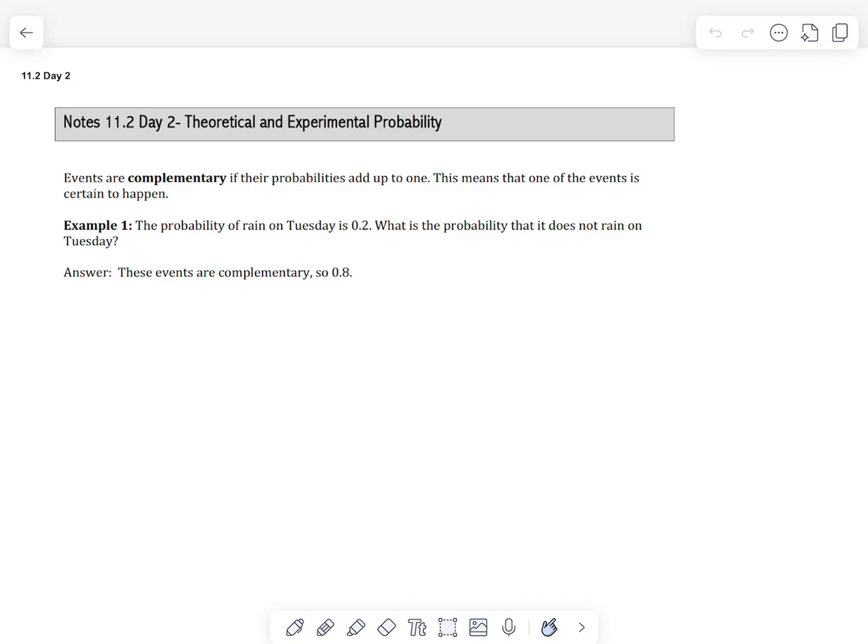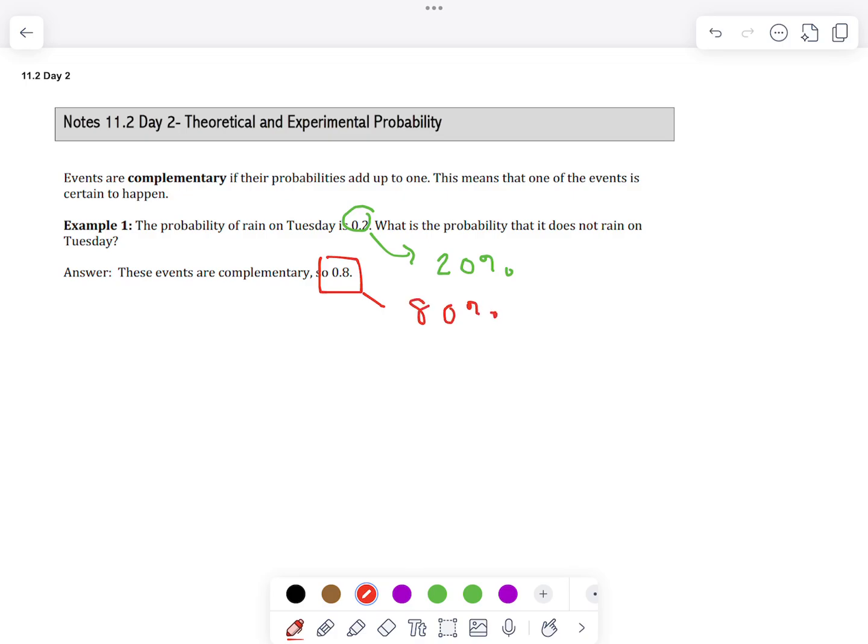So as a percentage, that's 2 places to the right of the decimal place, which is 20%. What is the probability that it does not rain on Tuesday? So its complement is 0.8 or 80% chance.